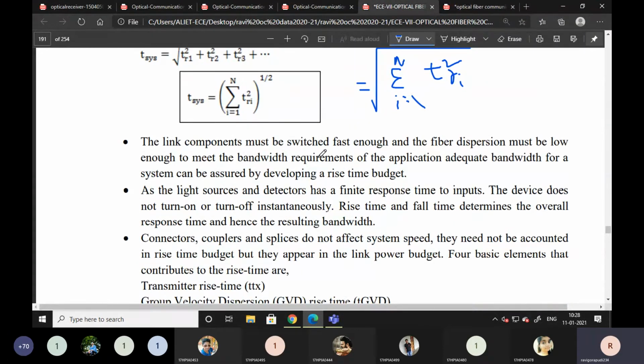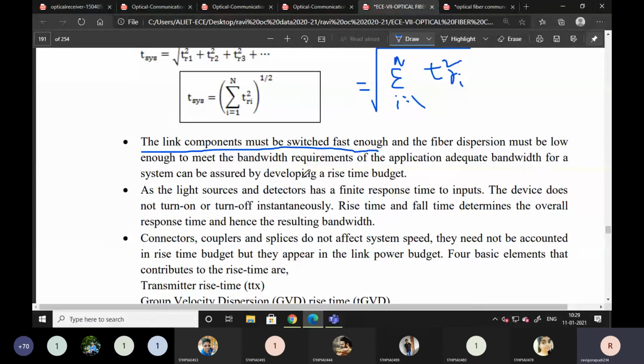The link components must be switched fast enough, so that as early as possible they can switch on and respond. The link components must be switched fast enough, and the fiber dispersion must be low enough to meet the bandwidth requirements of the application.